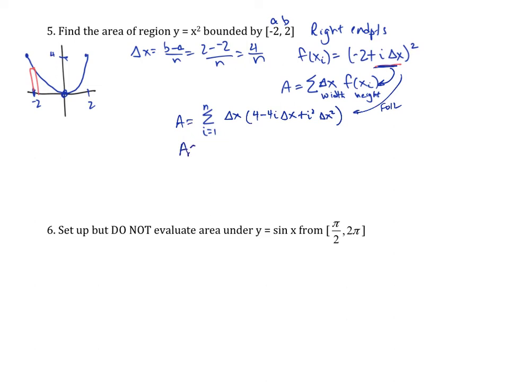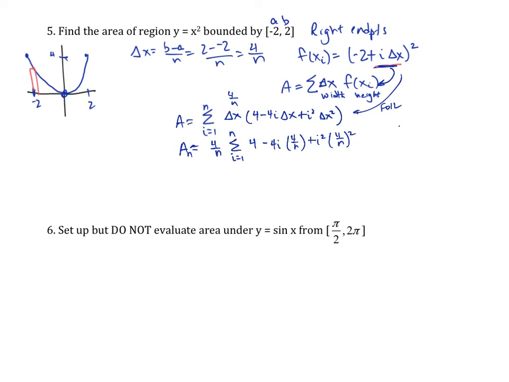The area sub n is going to be, I could take this 4 over n out right now, 4 over n, and I'll have the sum from i equals 1 to n of, this becomes 4 minus 4i times this 4 over n plus i squared times my 4 over n squared.